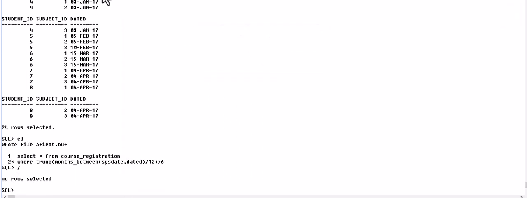So these are the students who registered in the year 2017 and whose registration is above 5 years old. So in this way we can select any number of records based on the MONTHS_BETWEEN function.